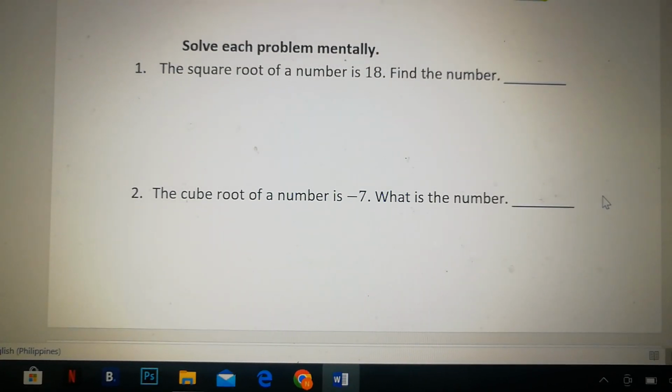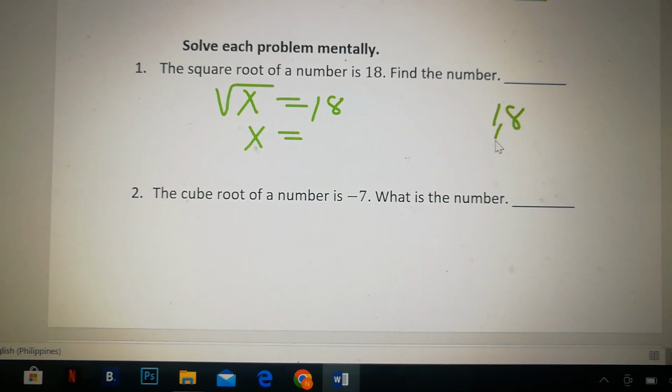Next is: the square root of a number is 18. Find the number. So square root of a number x is equal to 18. Squaring both sides of the equation will remove the radical since the index is 2. So x is equal to 18 times 18. 8 times 8 is equal to 64.